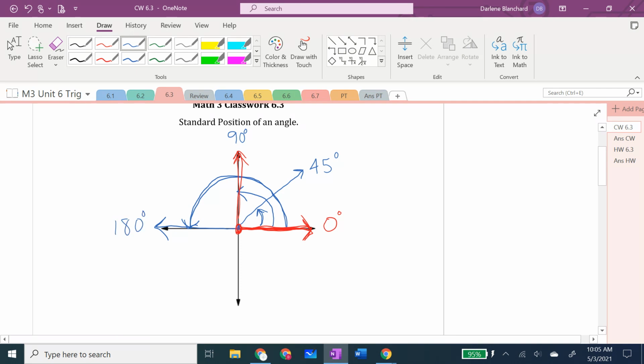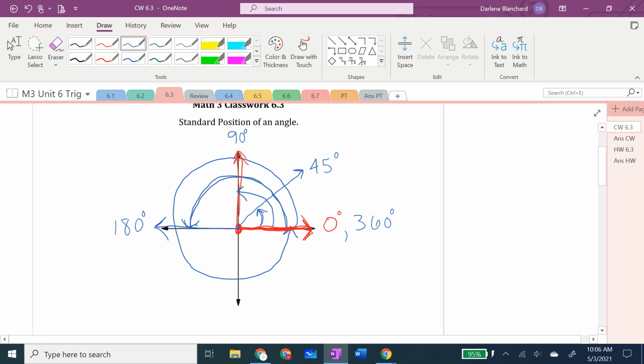Yep. And if I go all the way around and come back to where I started, how many degrees? 360. And I could continue.